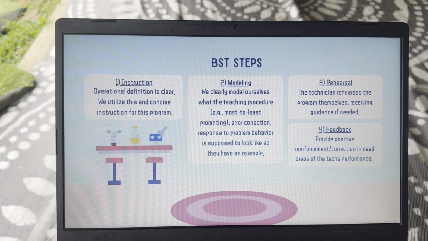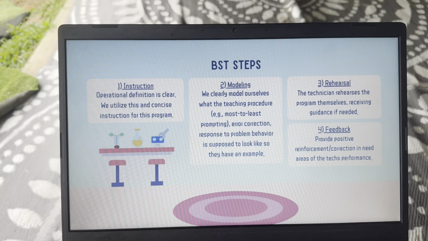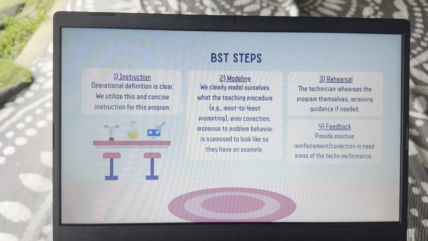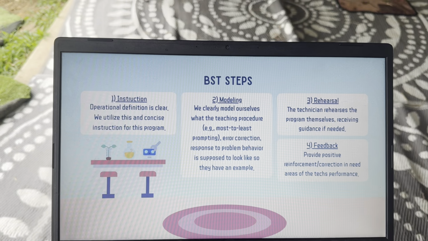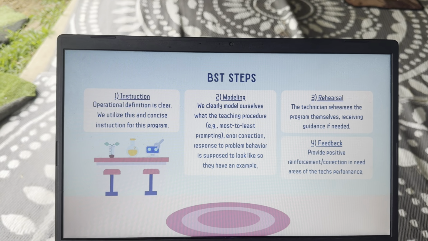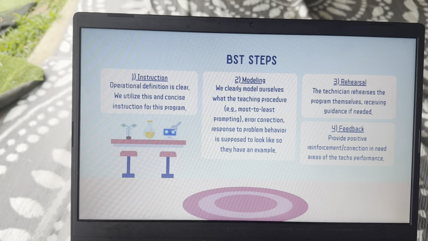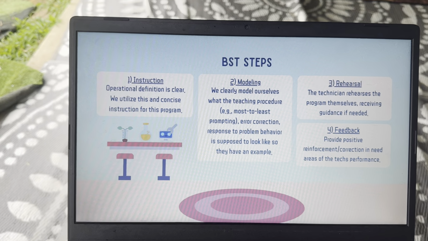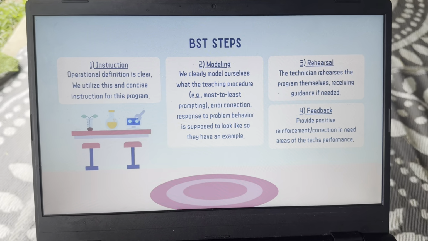And then 4, we're going to give them the feedback on how they conducted the program. So we're going to provide positive reinforcement for the good performance that we saw, and then we're going to give correction in possible needed areas of the tech's performance on that program.